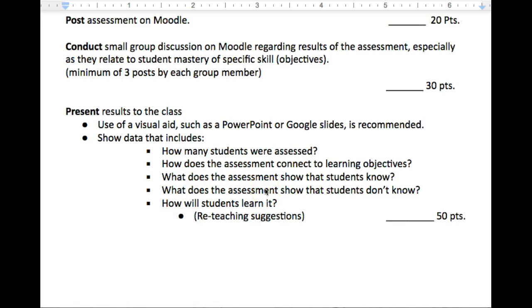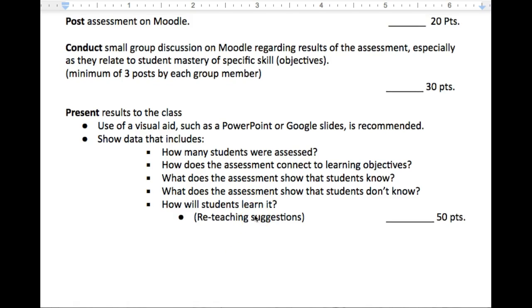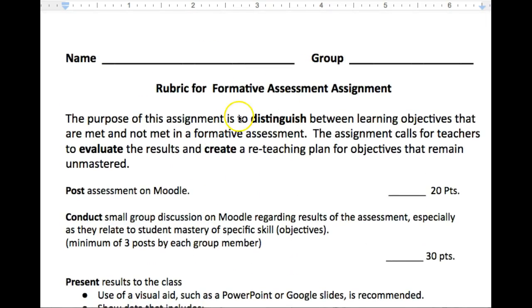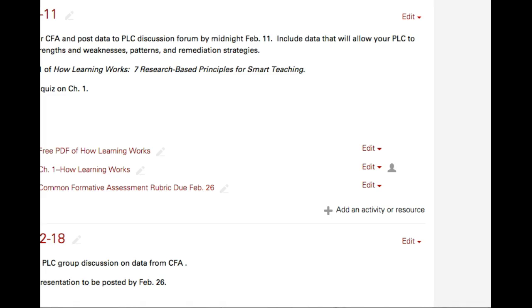The assessment could show that they're not understanding something at a very low level of knowledge and comprehension, but certainly there will be some students who are struggling at the higher levels of Bloom's. And what are some of your reteaching suggestions to help the students learn it? That's in your final assessment, and this is what's due on February 26th. Then we'll all, as a class, have a discussion on the various assessments and the presentations.